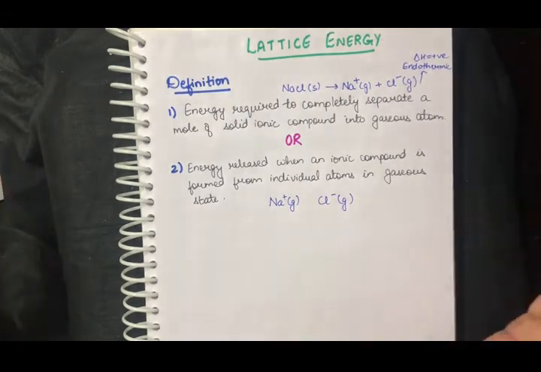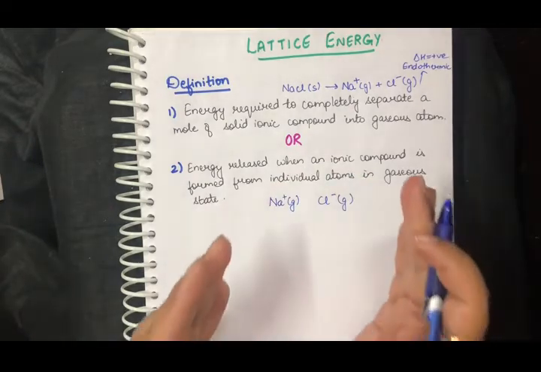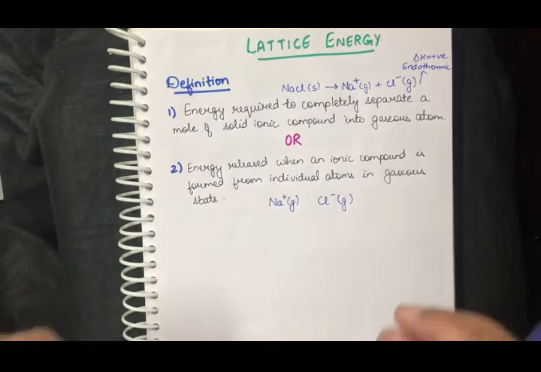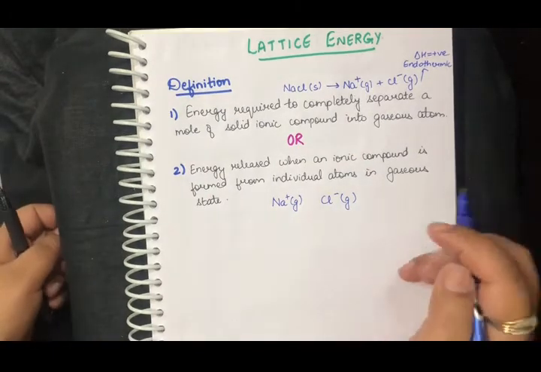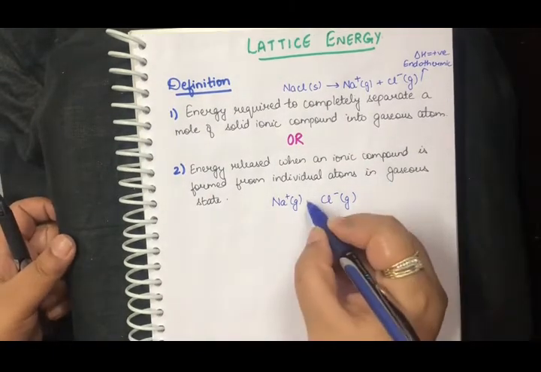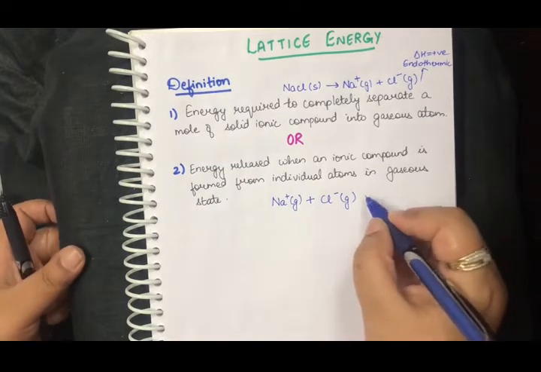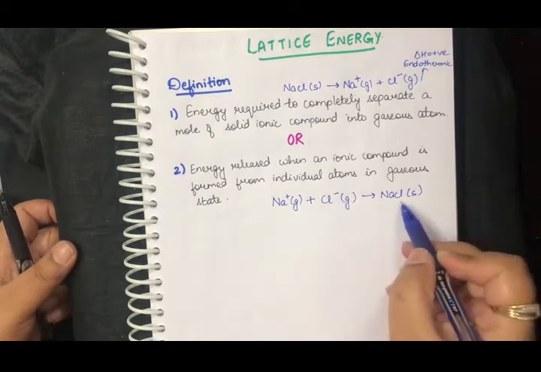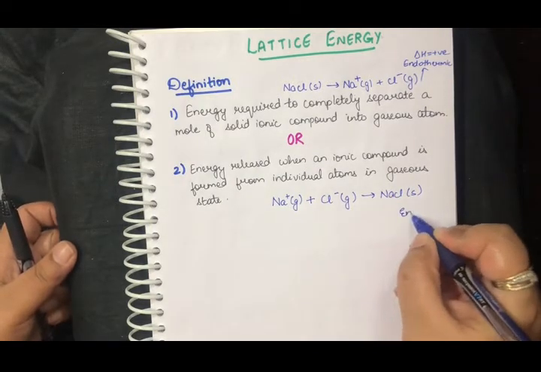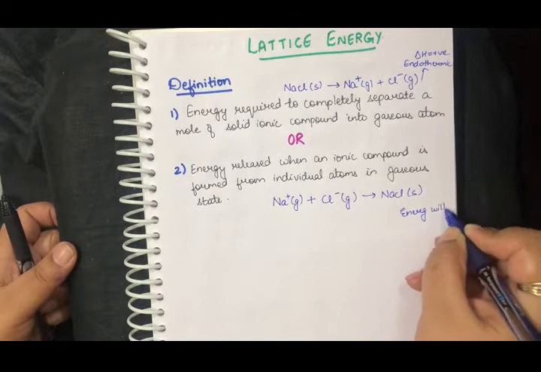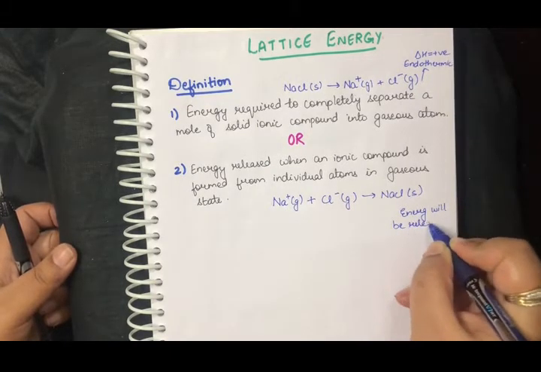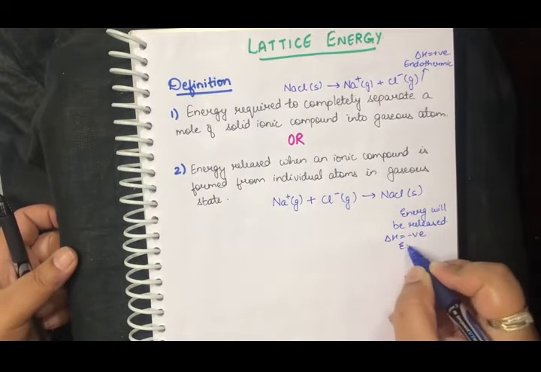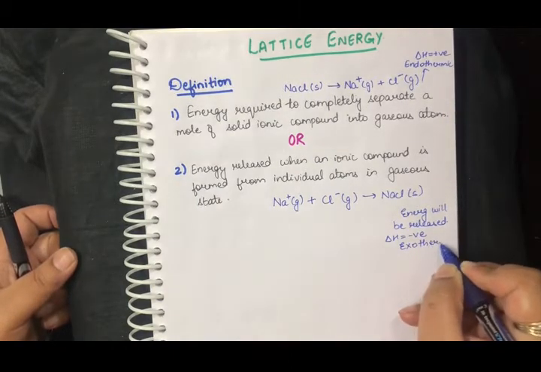Now I have to bring both of them together to form a lattice, in a particular position so that the lattice of NaCl can be formed. If I am combining both of them, it will give me NaCl. And during the formation of this ionic compound, the energy will be released. So the delta H in this case is negative, and such reactions are called exothermic.